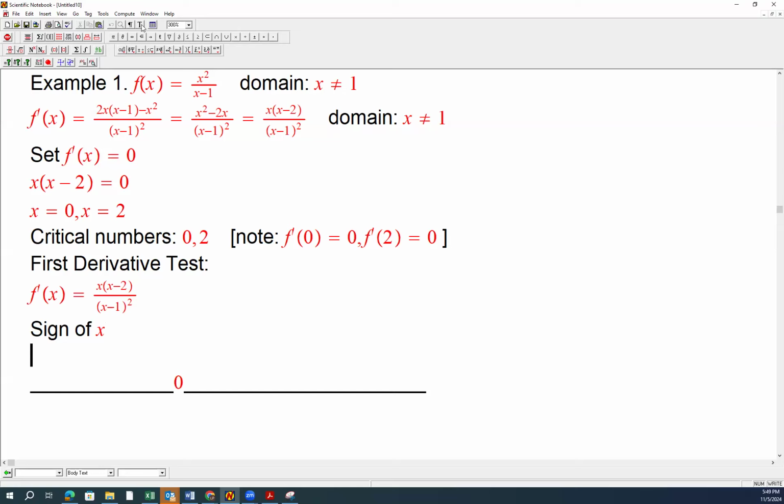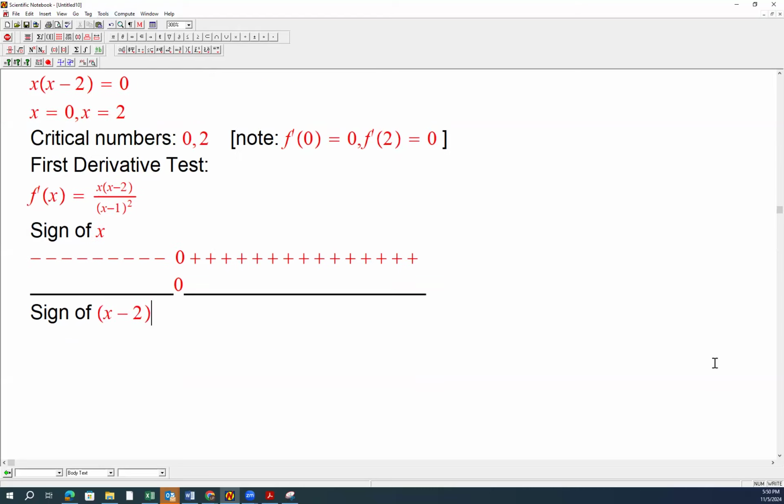And when x is less than 0, of course, those are negative. At 0 is 0. That means it's a critical number. Beyond 0 is positive. Now the sign of x minus 2 comes next.